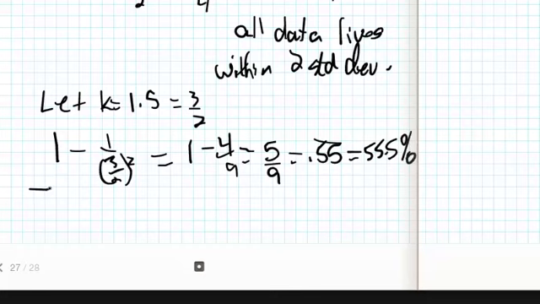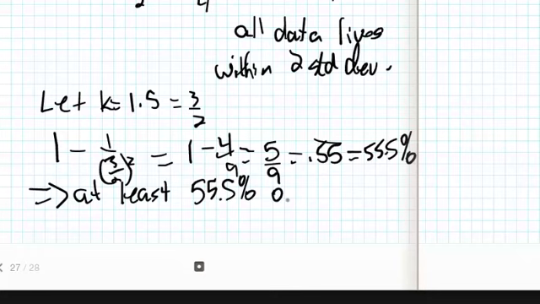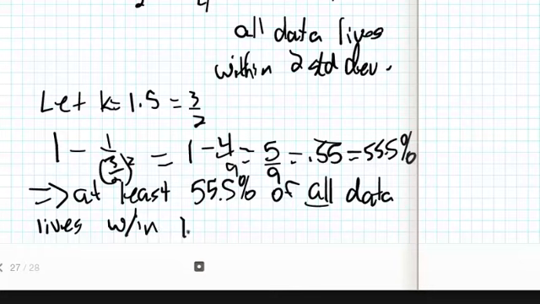All right, so this implies at least 55.5% of all data lives within 1.5 standard deviations.